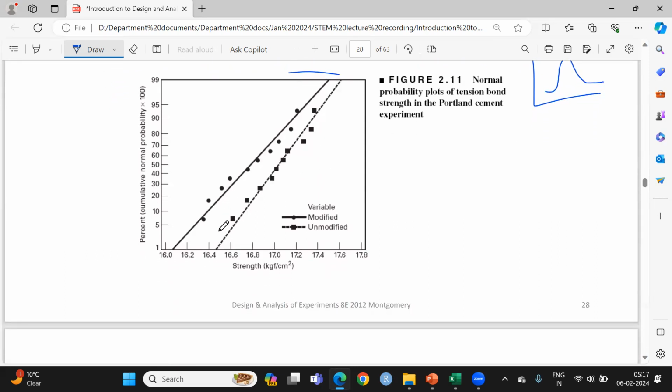If all the observations lie on this line, there is a particular criterion for how one can construct this line. Most of the time we use software for the graphical representation. Here you can see that if most of the observations lie on this line, then we can say that our data set follows a normal distribution.